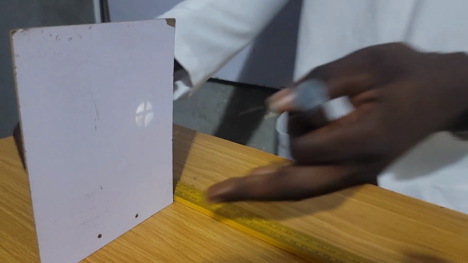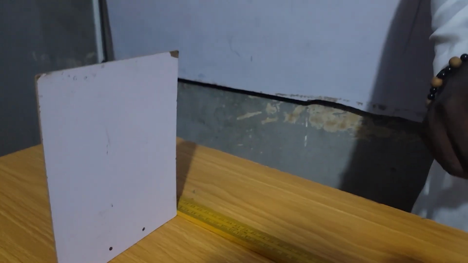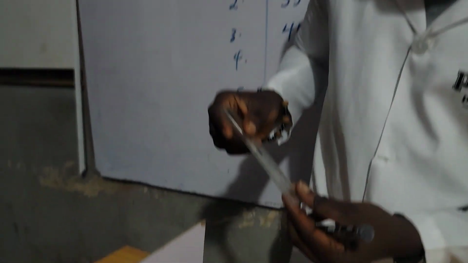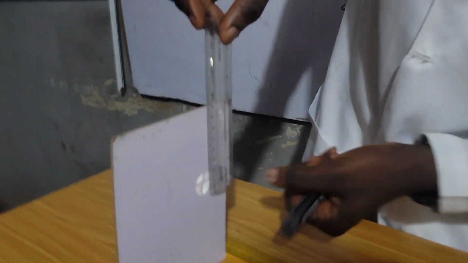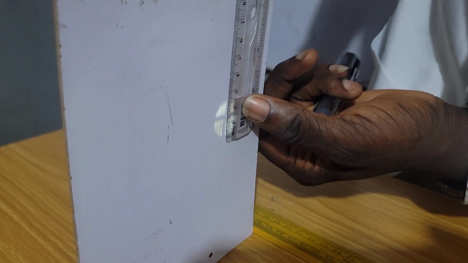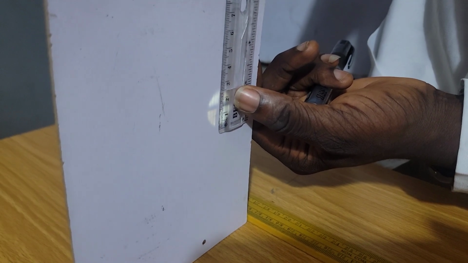So now I want to measure the height. So when it was at 35 centimeters, let's measure the height of this image. That's from 0 to around 2.5.